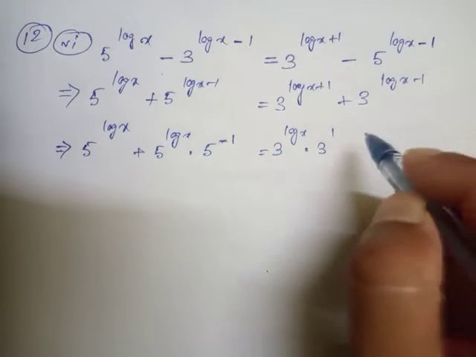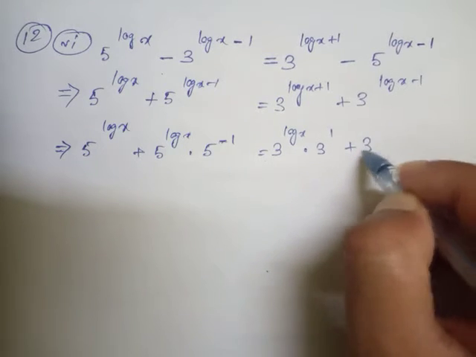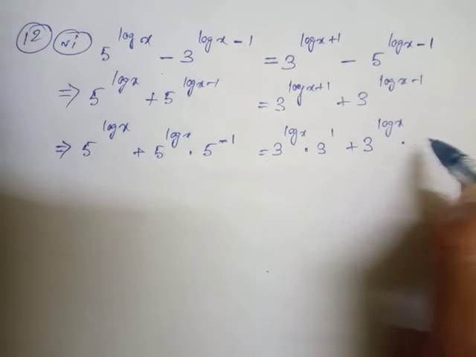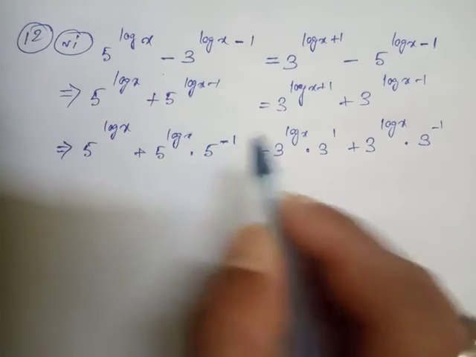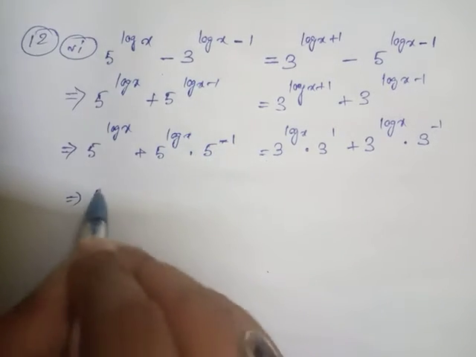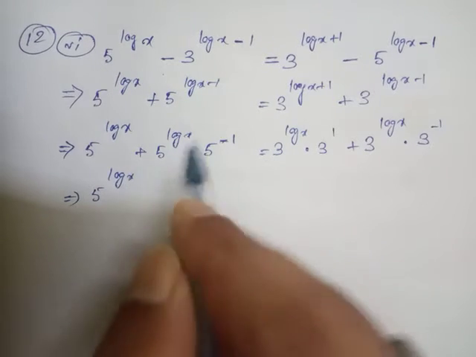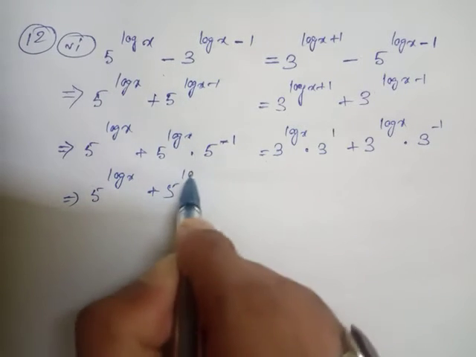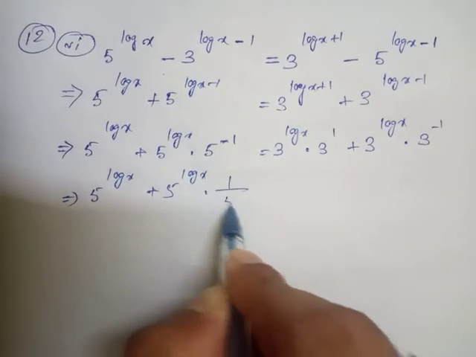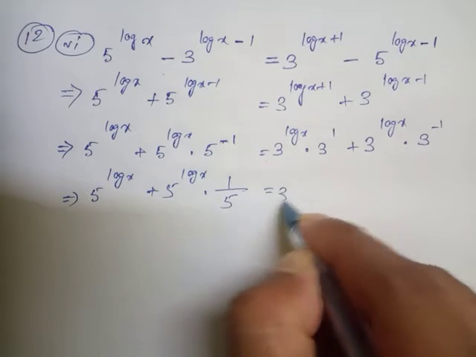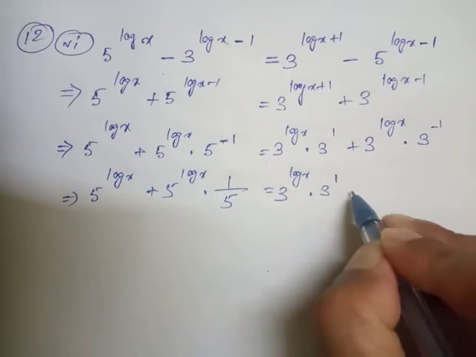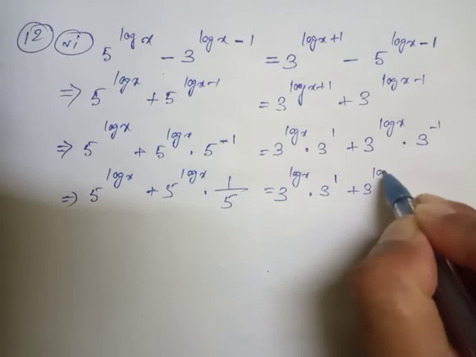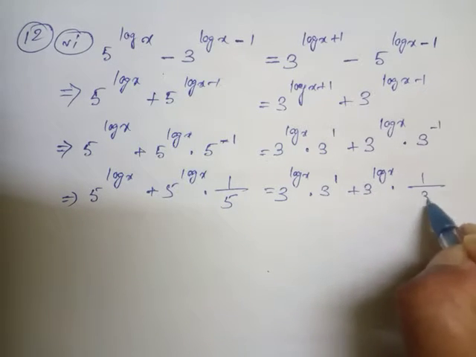And here also the same thing, 3 log x into 3 to the power minus 1. Now 5 to the power minus 1 means 1 by 5, so 5 log x plus 5 log x into 1 by 5. There is 3 to the power log x into 3 to the power 1, and 3 to the power log x into 1 by 3.